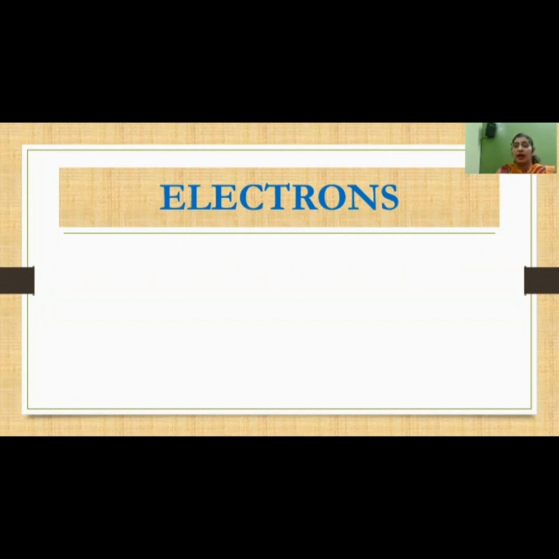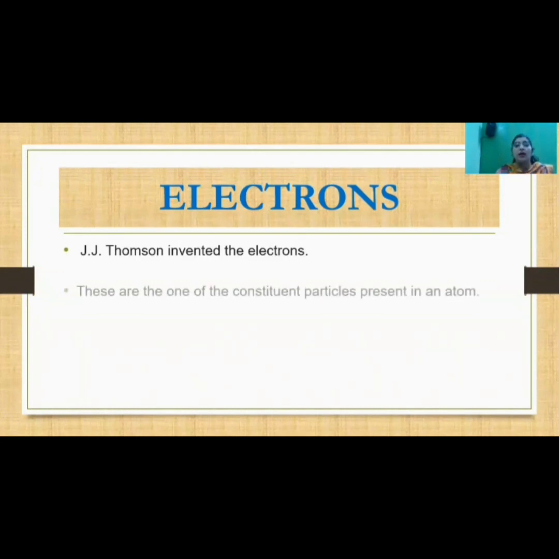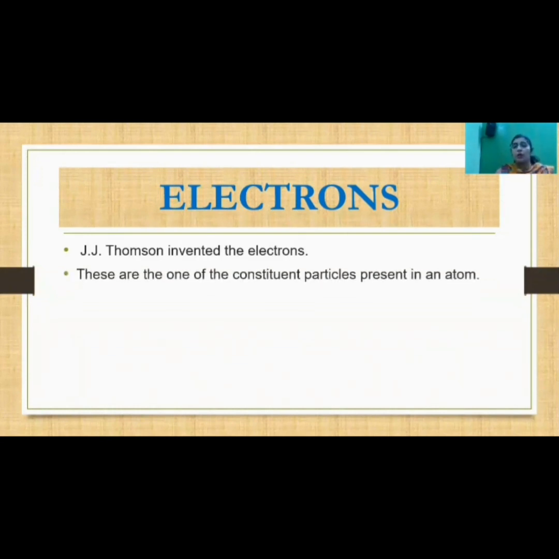So we can conclude that the electron was discovered by J.J. Thomson. This is the main constituent particle in an atom. The electron is indicated with a small e with a negative sign.